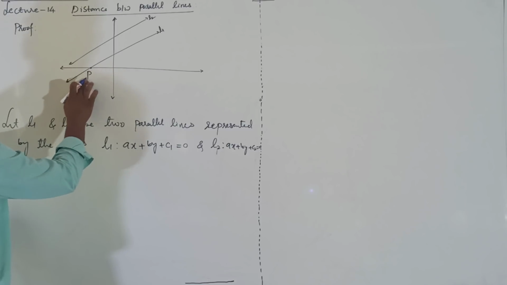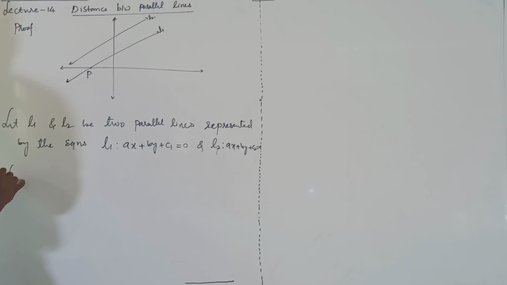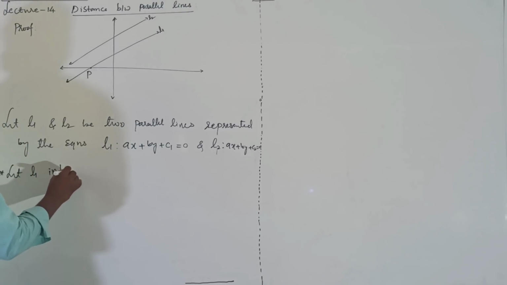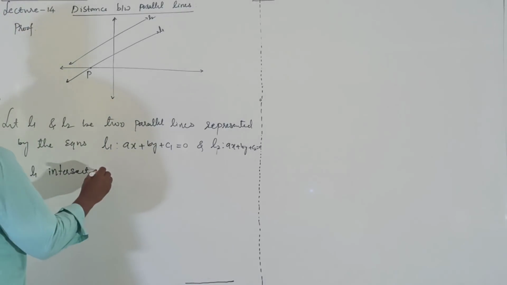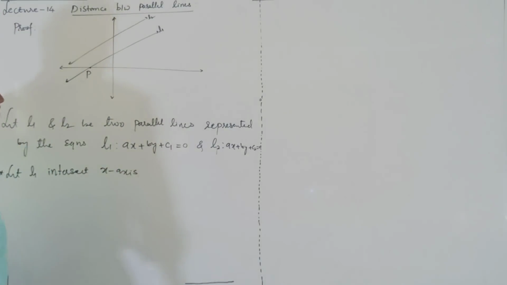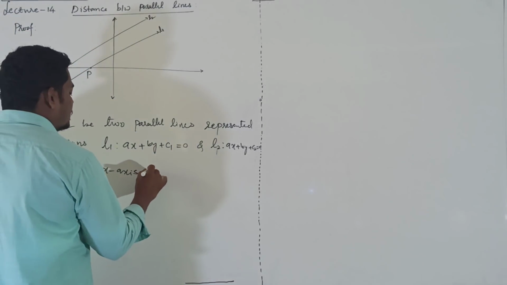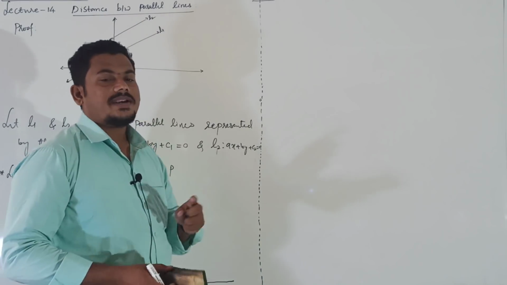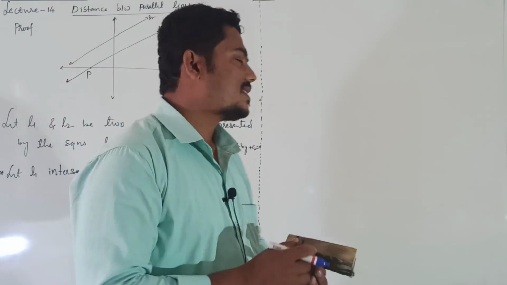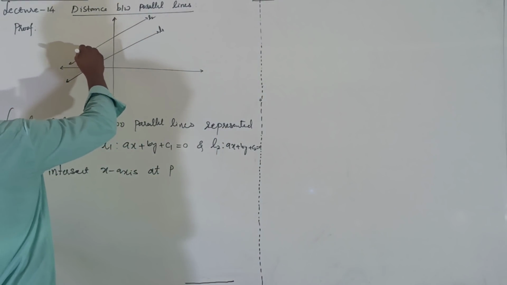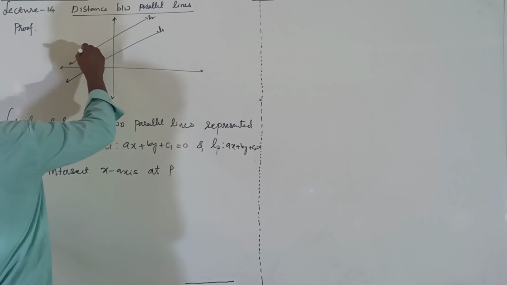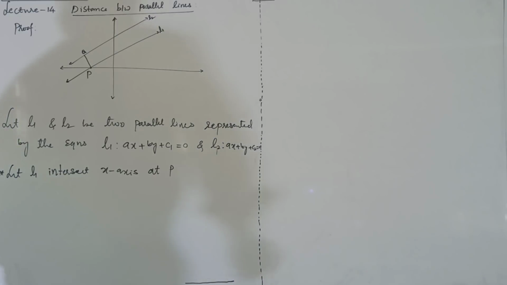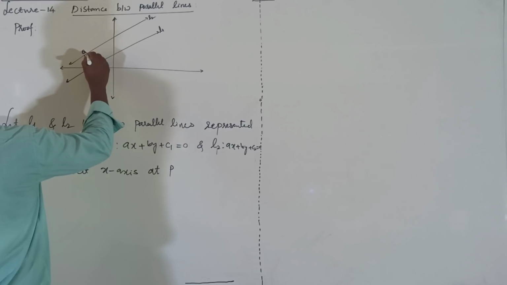And take this point P. Let L1 intersect the x axis at P. Then tell me what are the coordinates of point P. And I will take one perpendicular from L2 to point P. Clearly this is perpendicular to both the lines.